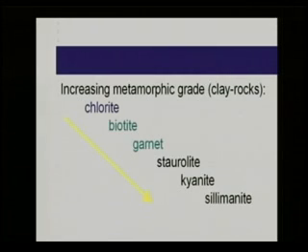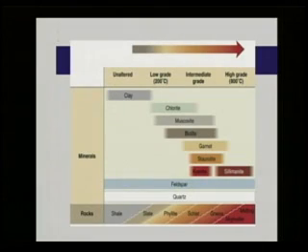So if we look at increasing metamorphic grade again, we're starting at chlorite with very low metamorphic conditions, and then we move to intermediate conditions, and biotite and garnet start to show up. And then as we get to extreme heat and pressure, we see staurolite, kyanite, and sillimanite. This diagram will show you the rocks.